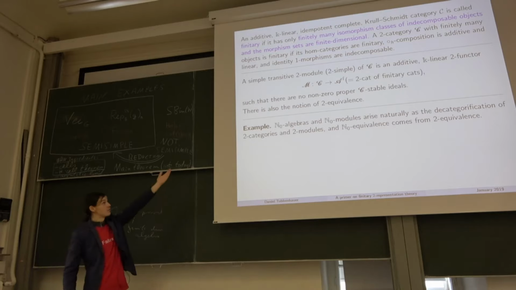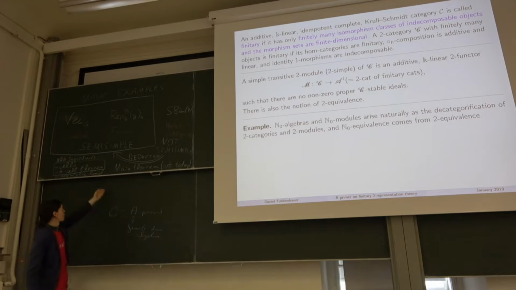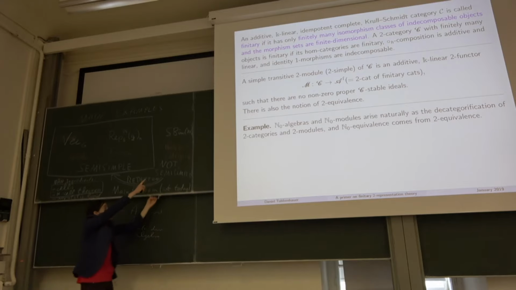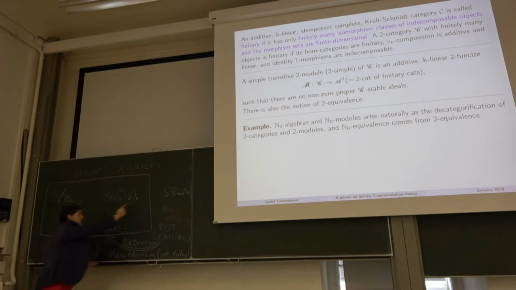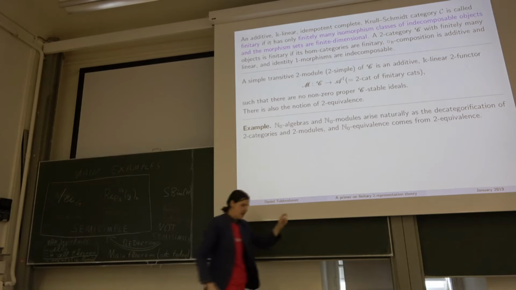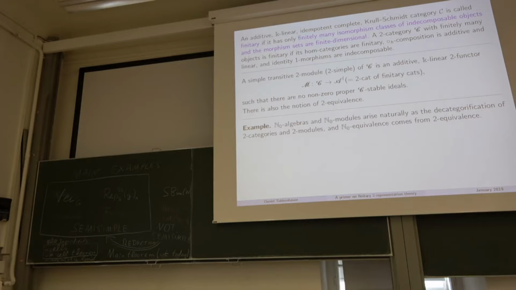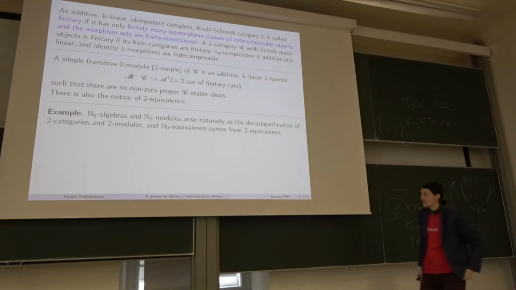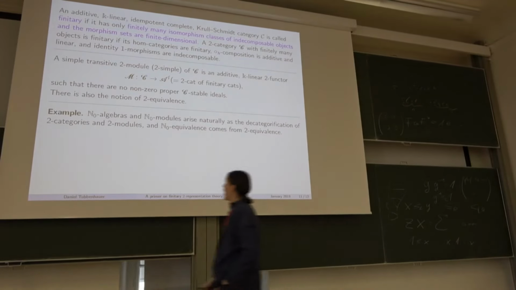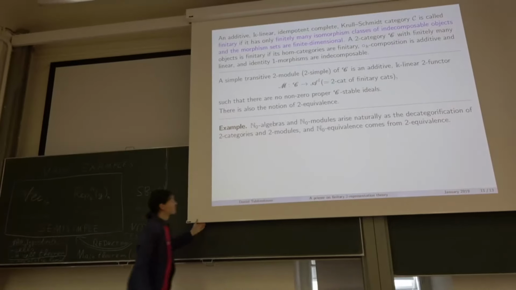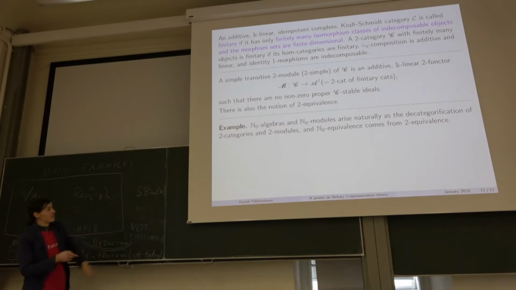And a two module is just then a two functor from your fixed favorite finitary two category into some nice category where your objects are A P mods. And you basically act by projective functors, which means you choose certain bimodules.